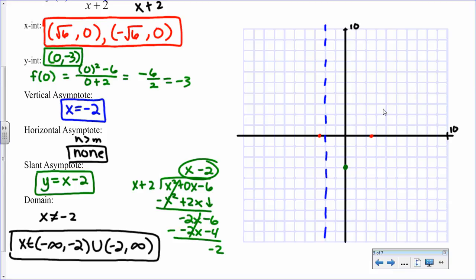I have a slant asymptote at y equals x minus 2. So I have a y-intercept there for that line at negative 2, and my slope is 1. So I want to make sure and dash this as well because it's an asymptote.